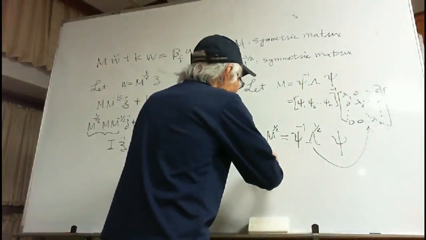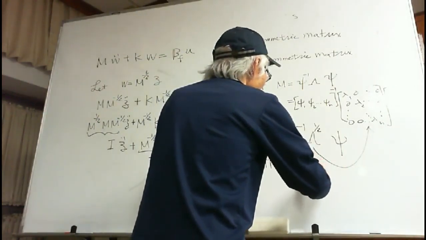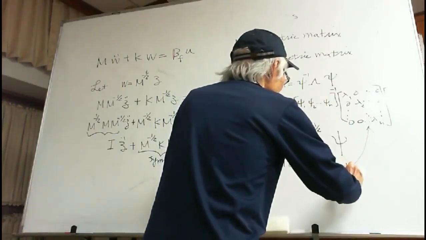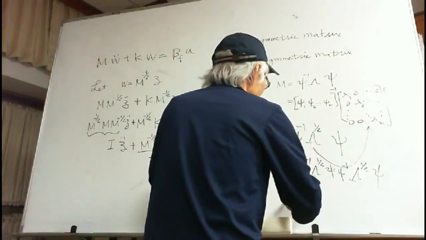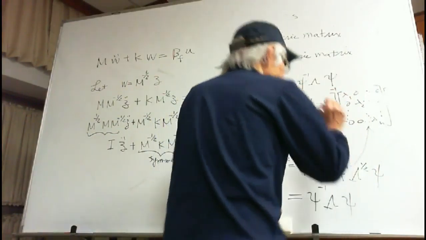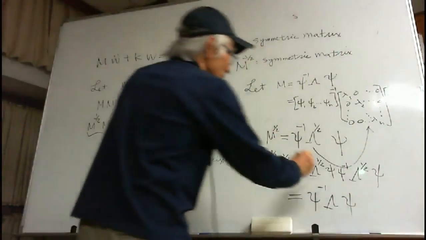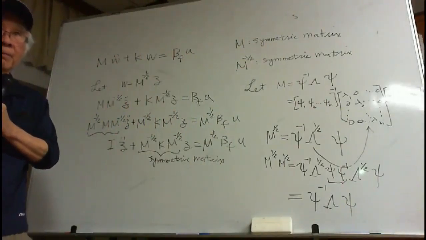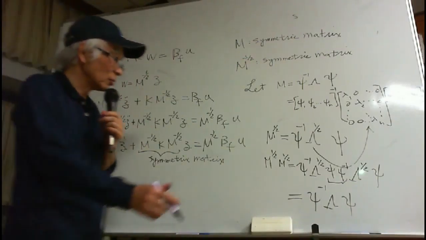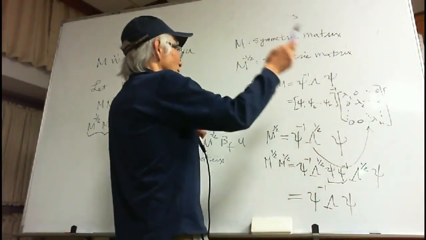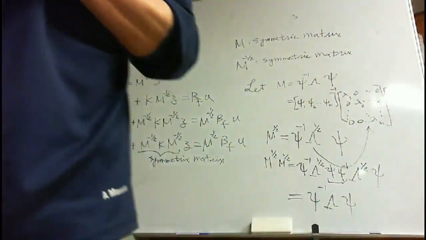Now M half times M half equals psi times the diagonal half, psi inverse, times psi, diagonal half, psi inverse, which equals M. That means the eigenvectors for the half are the same eigenvectors as for M. Agree?